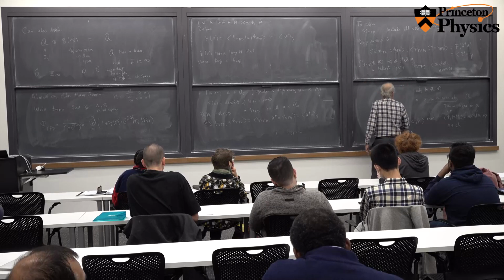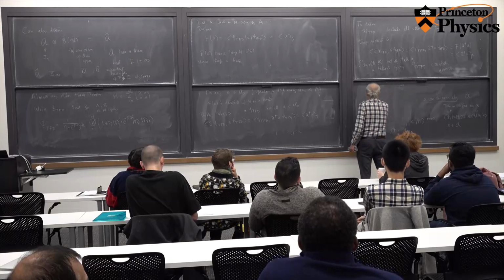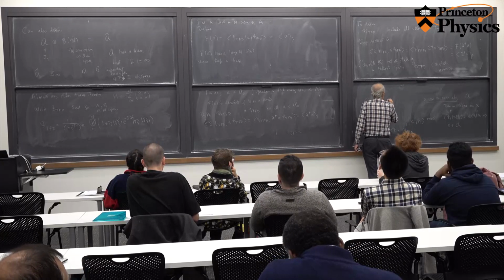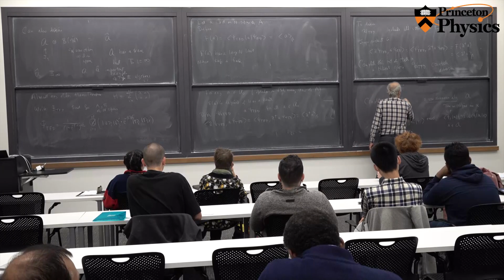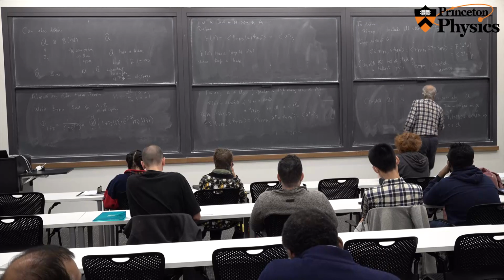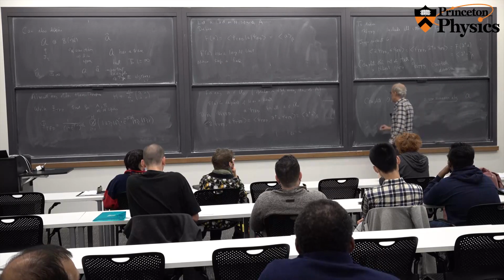And then we did erase some things. We can complete A naught to a von Neumann algebra A by including limits.